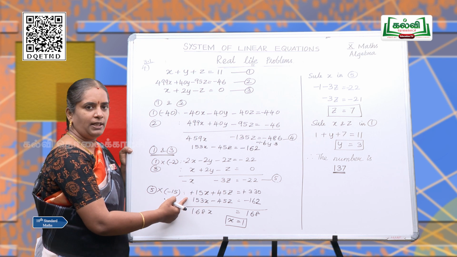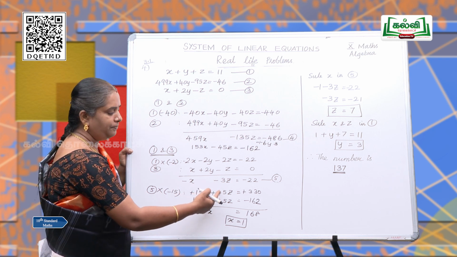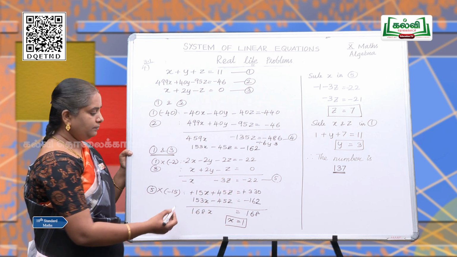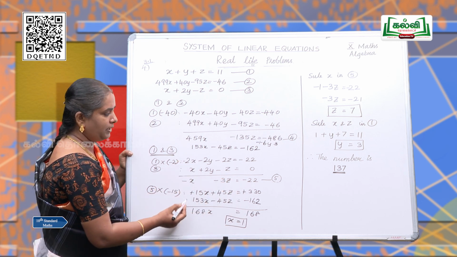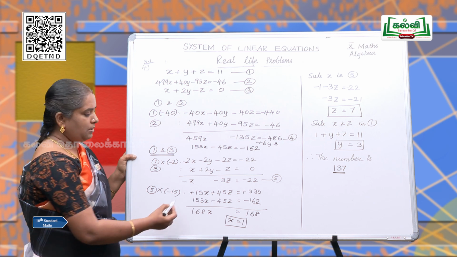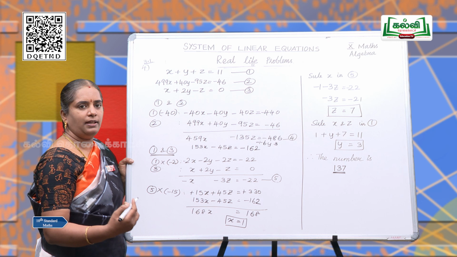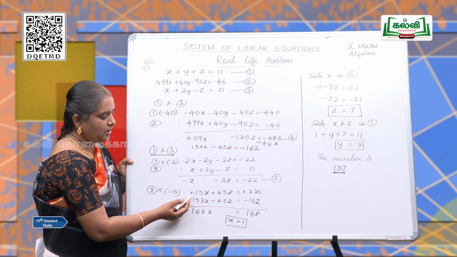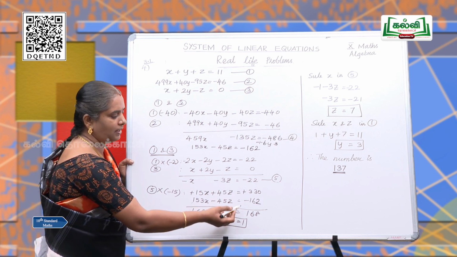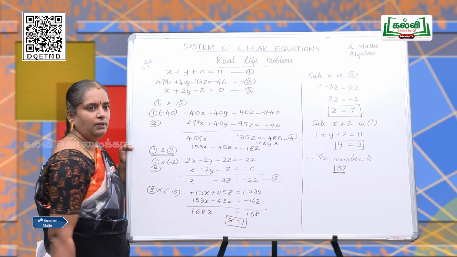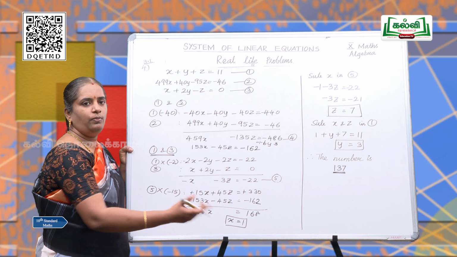So, this becomes 15x plus 45z plus 330, and then add this with the fourth equation. If you add, z gets cancelled and this becomes 168x equal to 168, which is very easy to solve, where you get x is equal to 1.